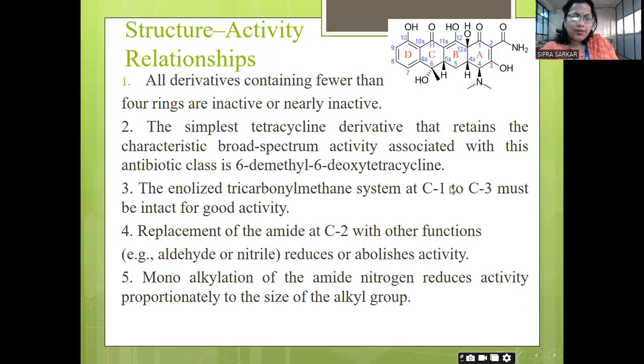That means if one alkyl group is introduced on the amide nitrogen, it also reduces the activity proportional to the size of the alkyl group. If the alkyl group has a larger size, then the activity will be reduced. Always remember, if the chain or alkyl group's length is increased, the activity will be decreased. That means a smaller alkyl group will have more activity.